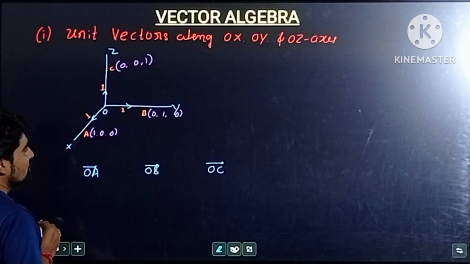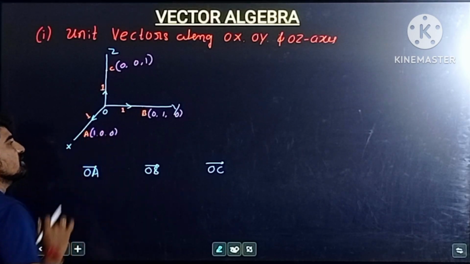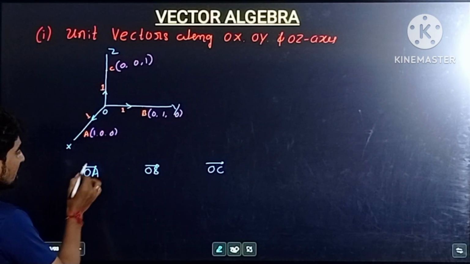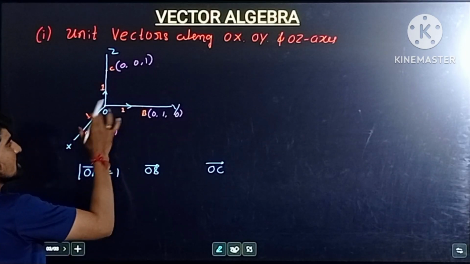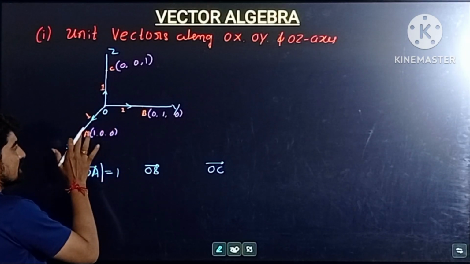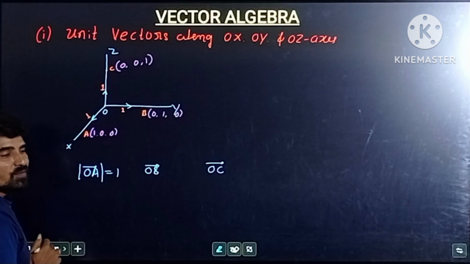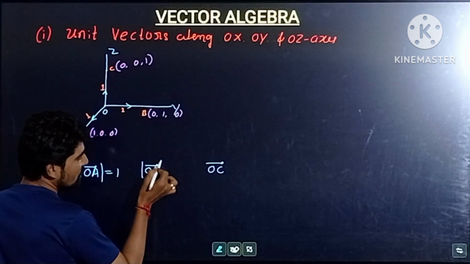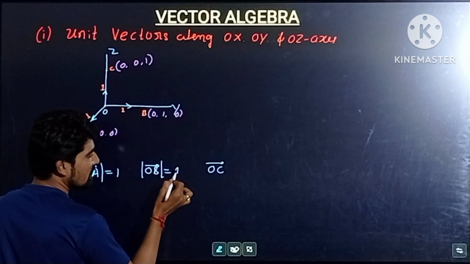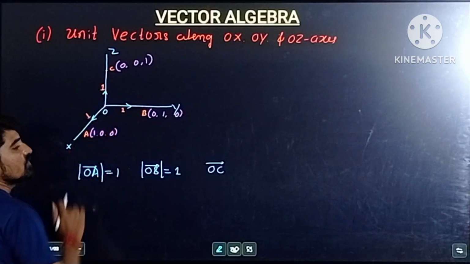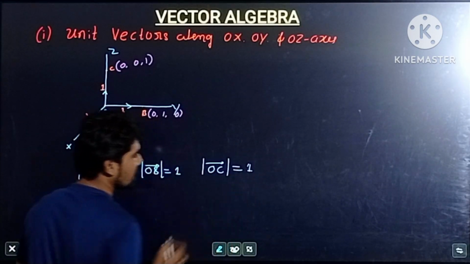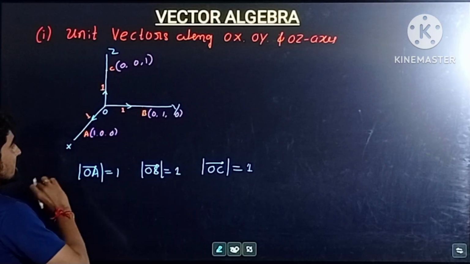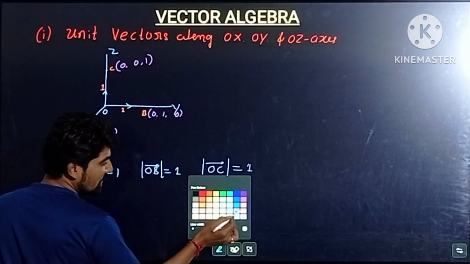One more thing you need to observe here: the magnitude of the OA vector is 1 because the point A is at a distance 1 unit from the origin. Similarly, the magnitude of the OB vector is also 1, and the magnitude of the OC vector is equal to 1 unit.